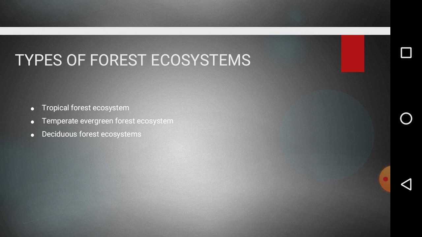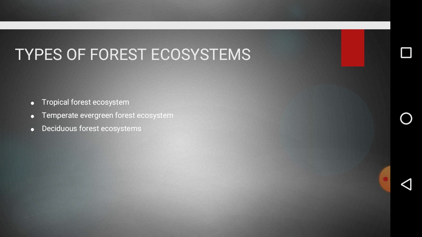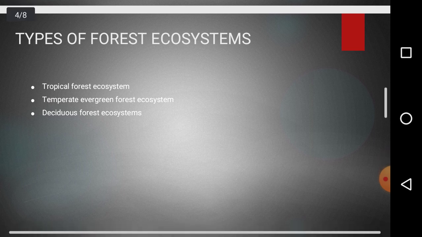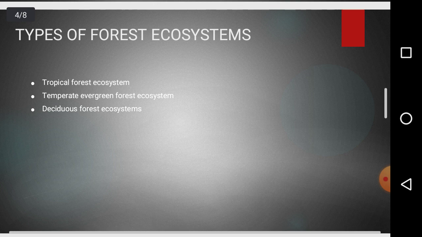Let's look at the first type of the forest ecosystem, which is the tropical forest ecosystem. Tropical forest ecosystem is also known as tropical rainforest. This is the forest ecosystem having many plants and organisms, and it obviously receives heavy rainfall.